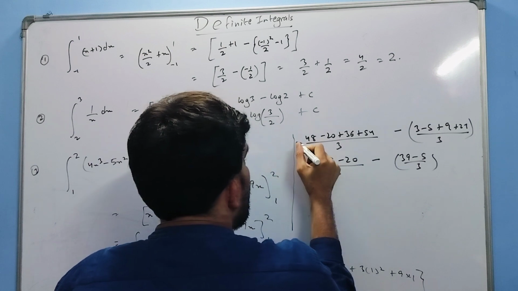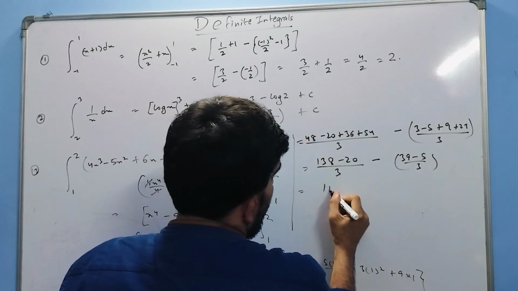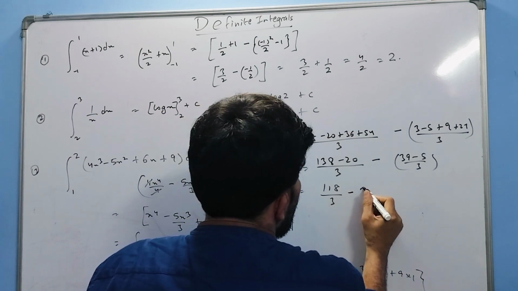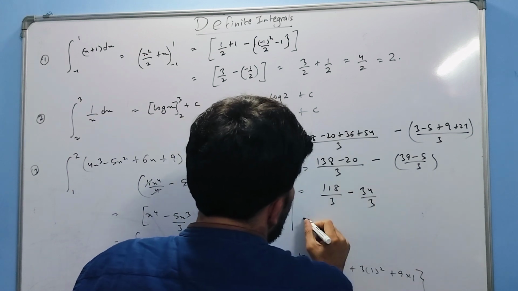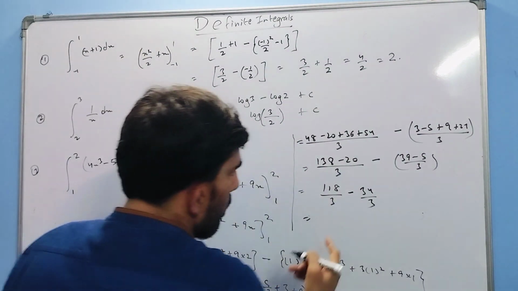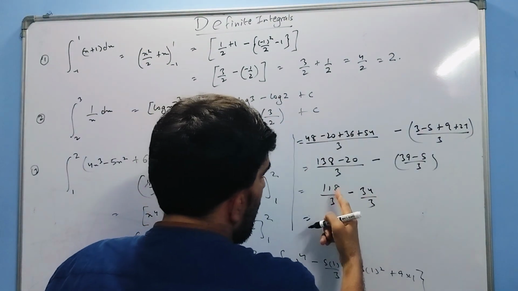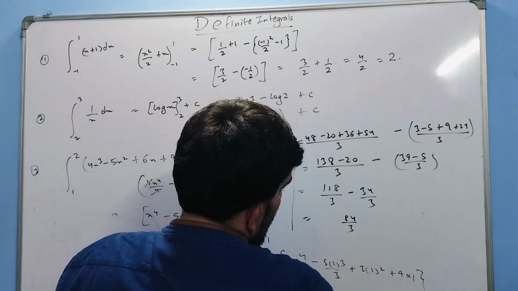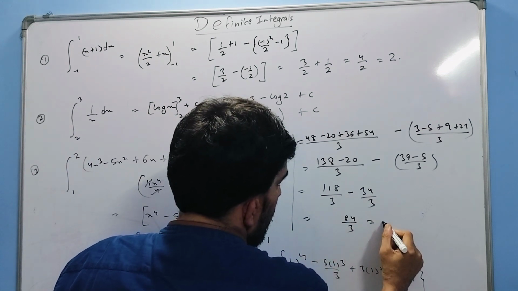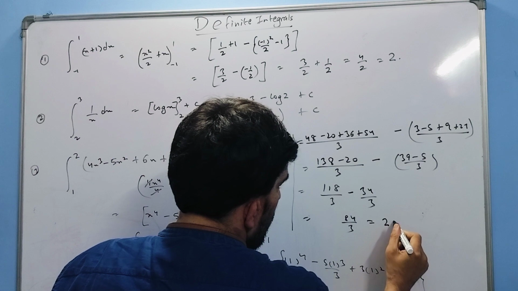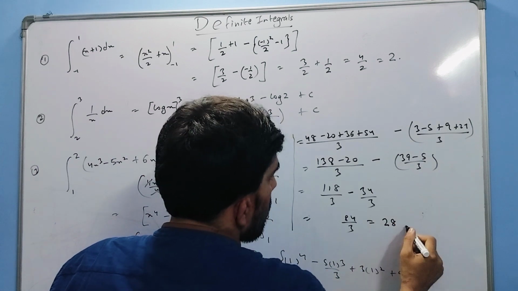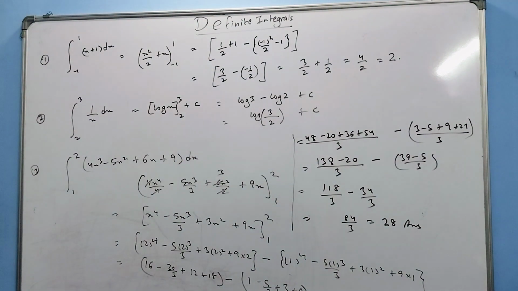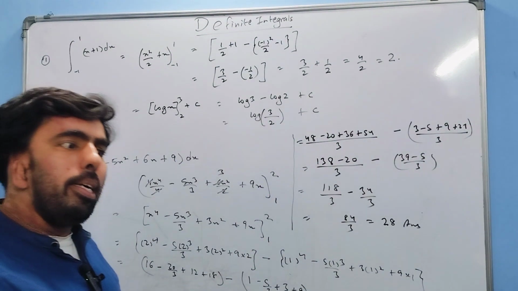So I got here 118 upon 3 minus 34 upon 3. Okay, so now we need to subtract it. 84 by 3, if I divide this, I got 28. Okay, so that is my answer. So like this, we can evaluate the definite integrals.